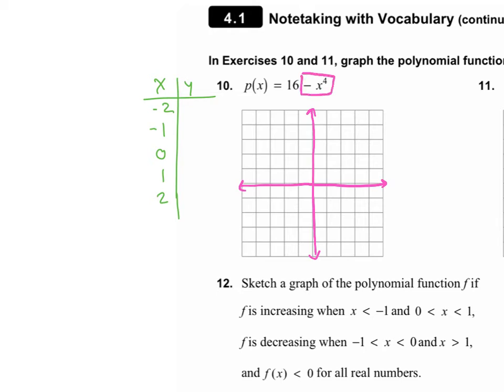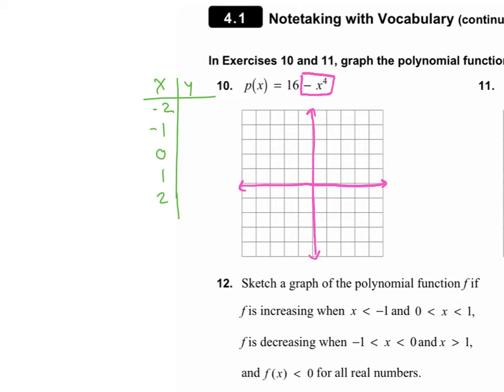Remember, our highest degree tells us our end behavior. So 4 is even. So are they going to be in the same direction or opposite directions? Is our end behavior going to be in the same direction or opposite directions?